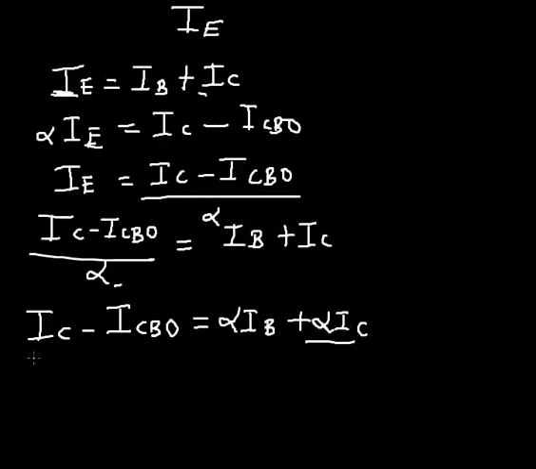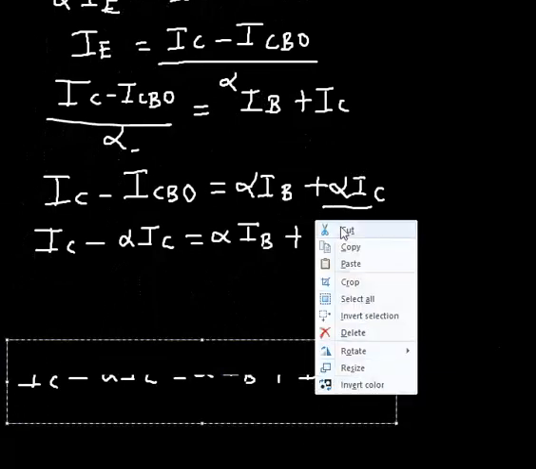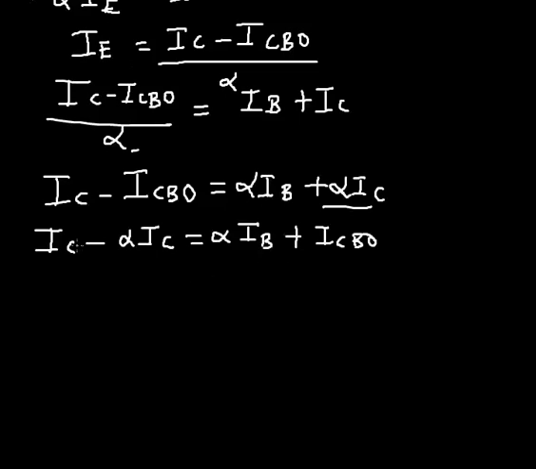I'm going to have IC minus alpha IC equal to alpha IB plus ICBO. I want to factorize because I want to make IC the subject.